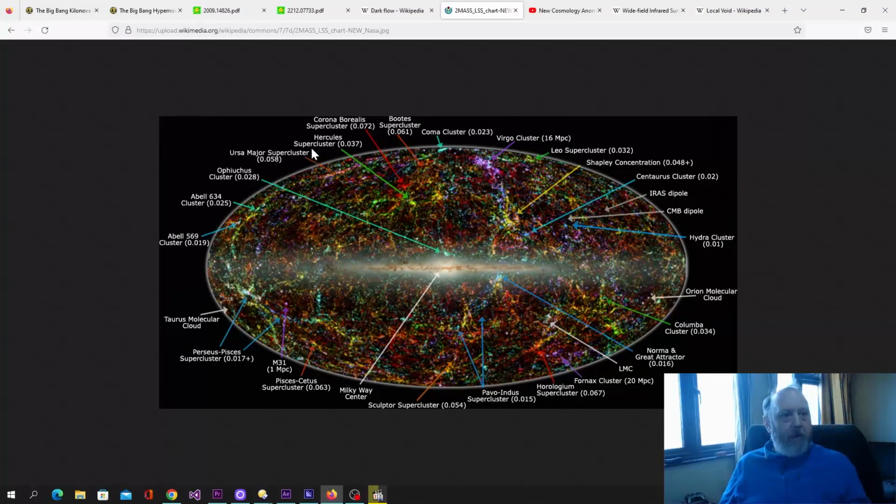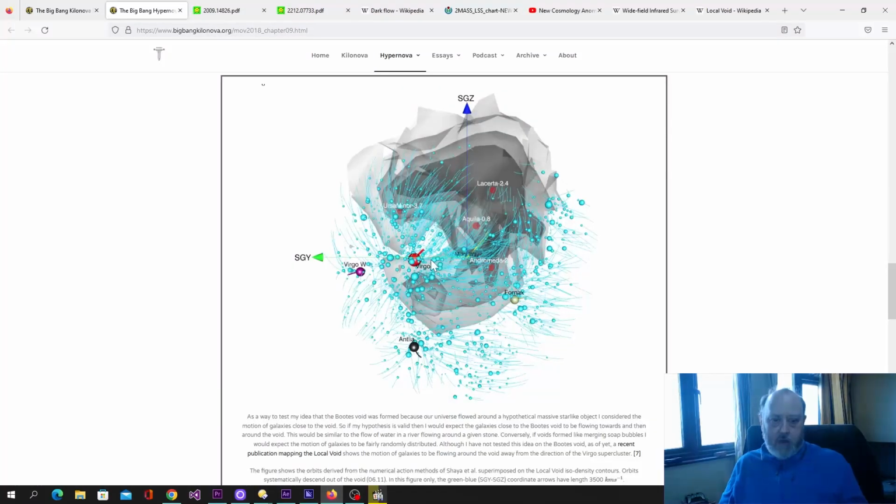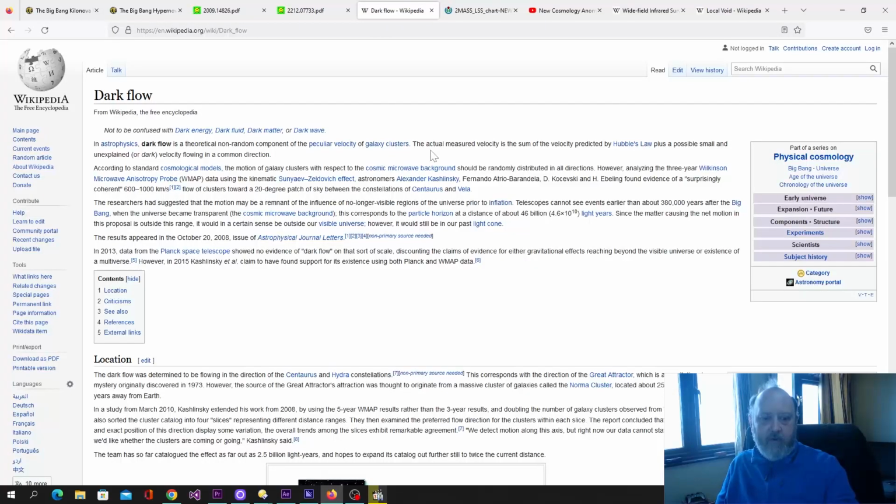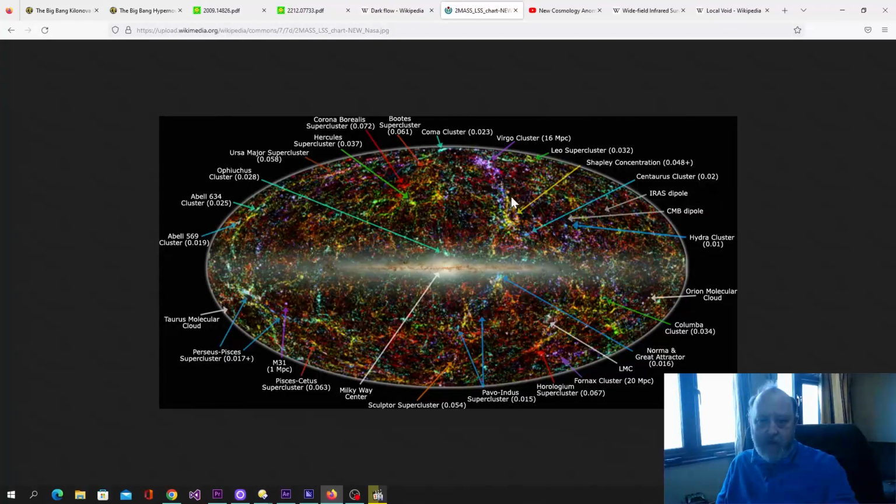So, I'm just going back to one hypothesis, which proposes that in the Shapley direction there is a massive supercluster of galaxies that is invisible to us because the Milky Way galaxy stands between us and that line of vision.